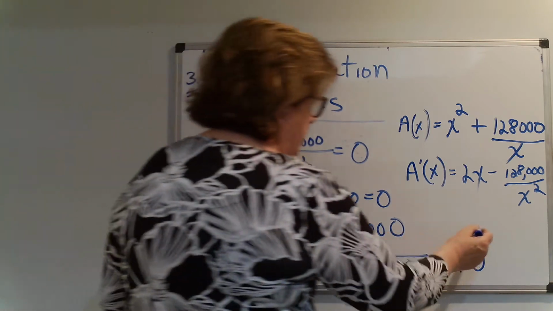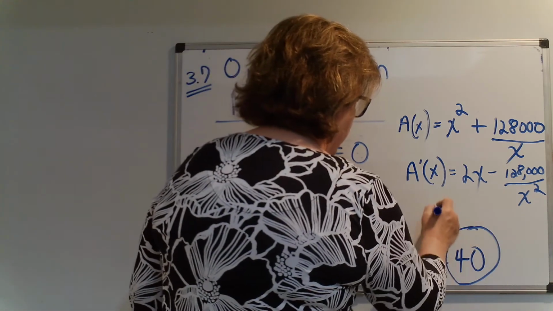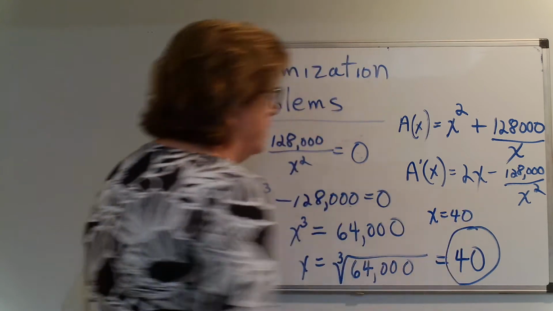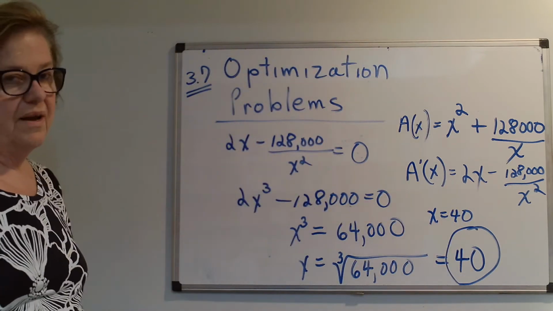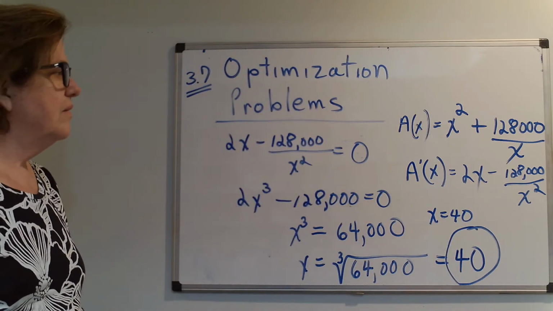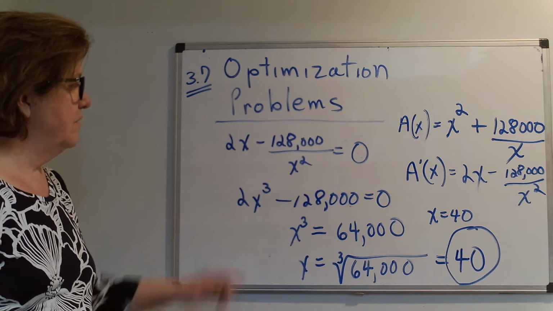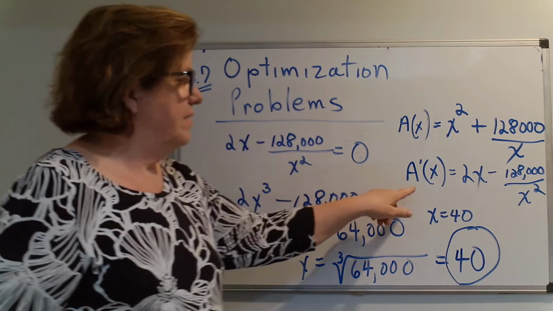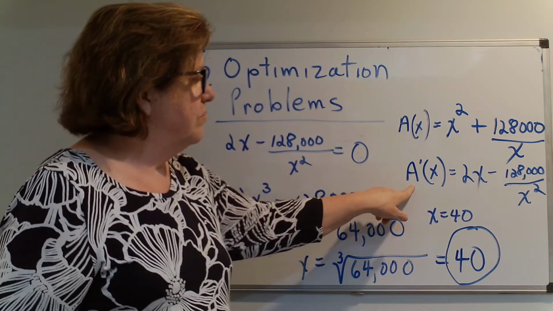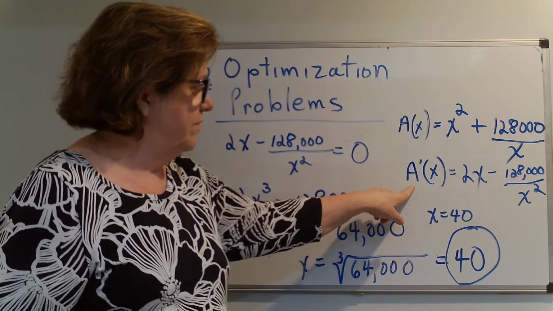Now, are we sure that that's a minimum? So we're saying that at x equals 40, we think this function will have a local minimum. You can check that by looking at the second derivative.